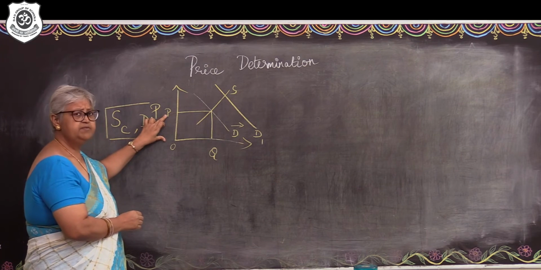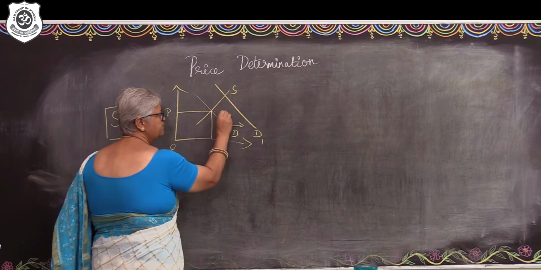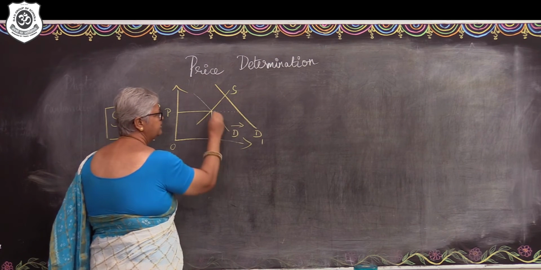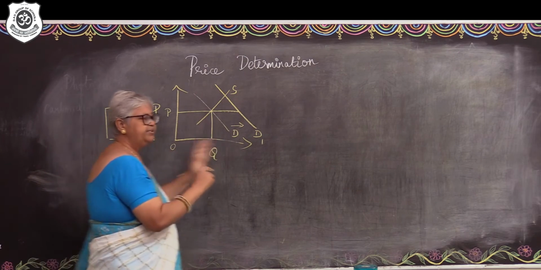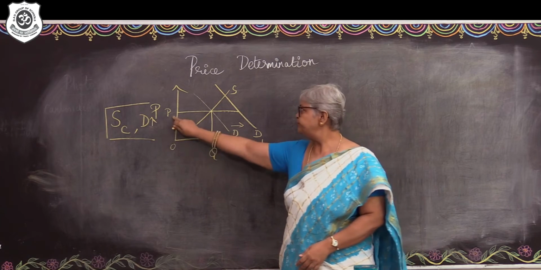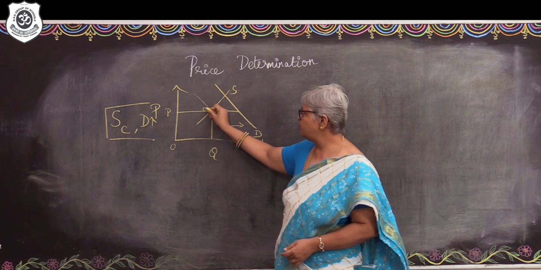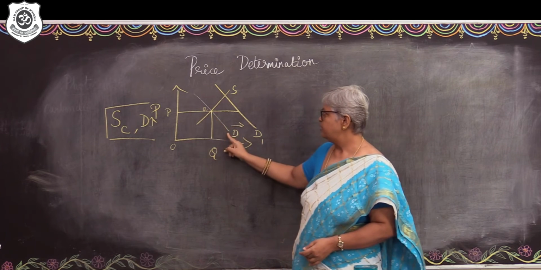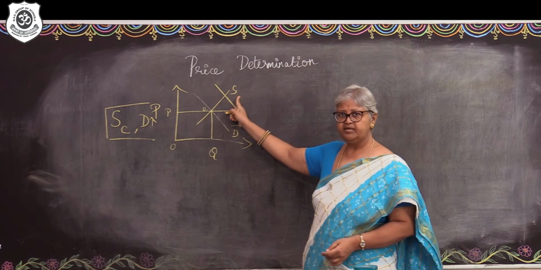So, at this market price OP, just extend this market price to the new demand curve D1. What has happened here? At this price OP, let's understand the initial equilibrium was at E, where the original demand curve was equal to the original supply curve.